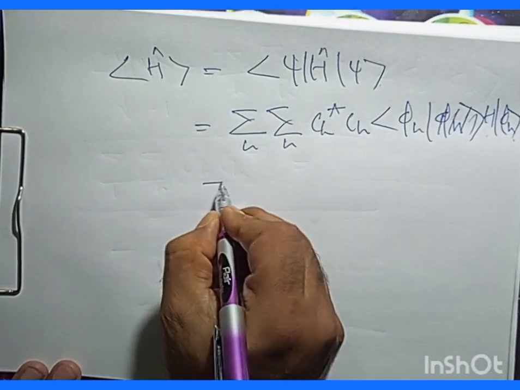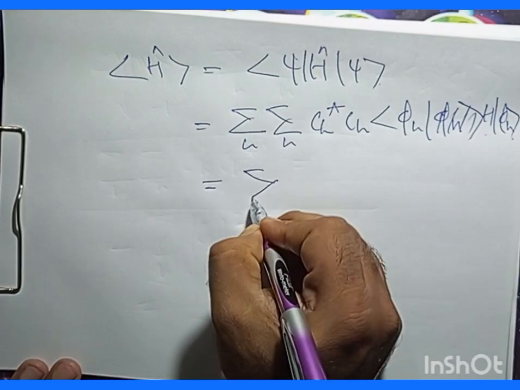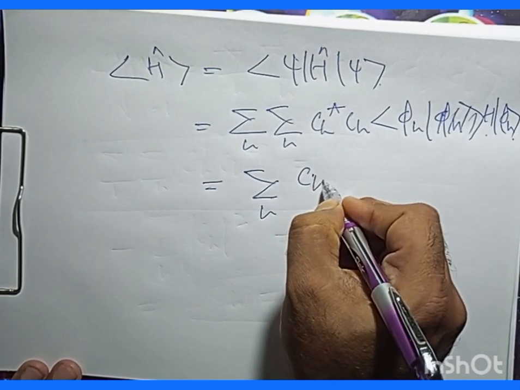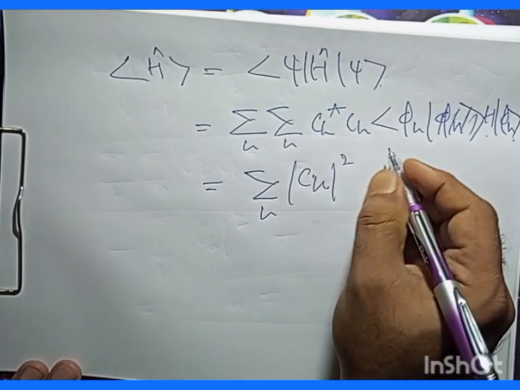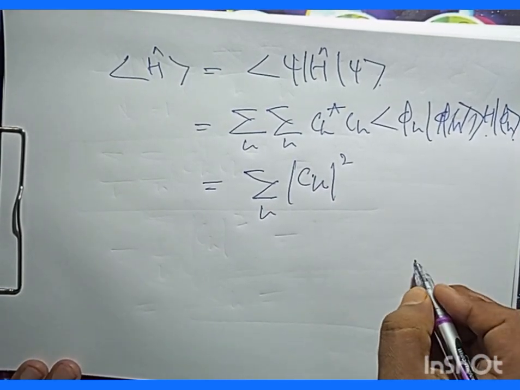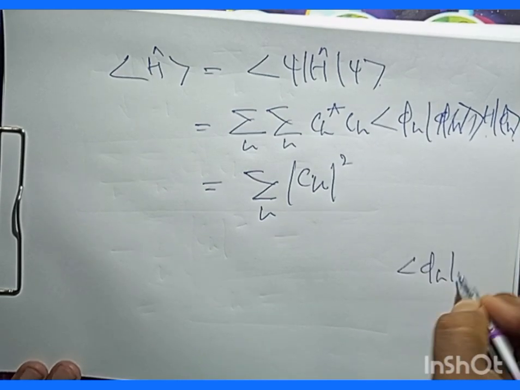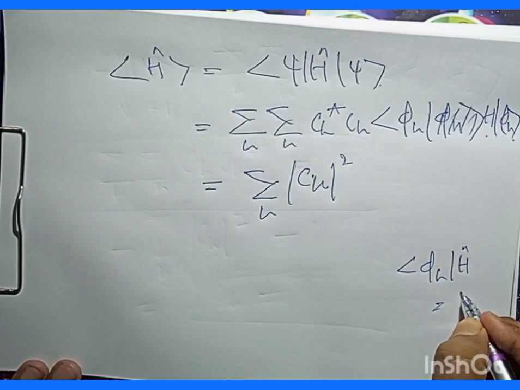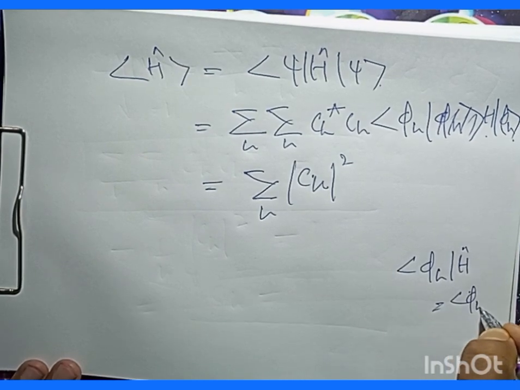All right, so we can write here the sum over n of Cn squared, and H acting on phi n is going to give us En phi n.